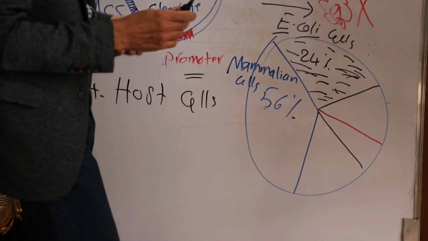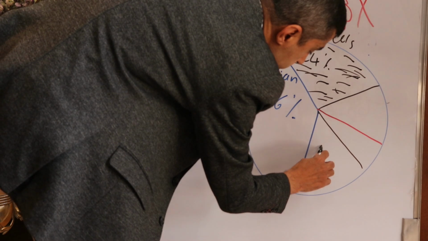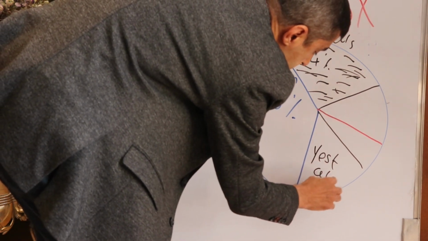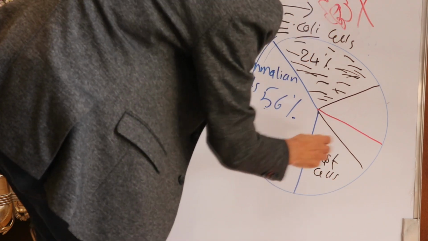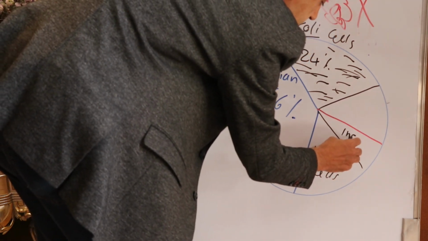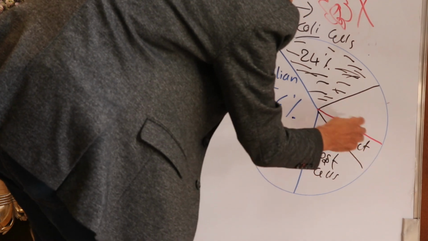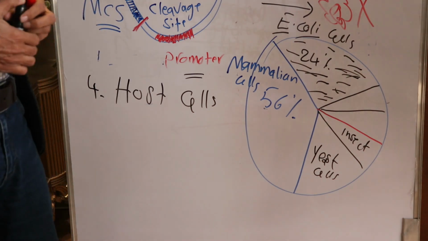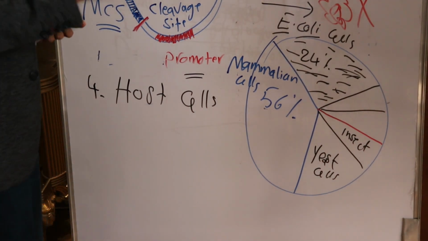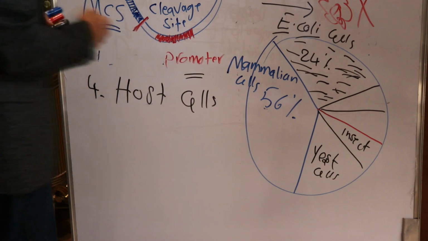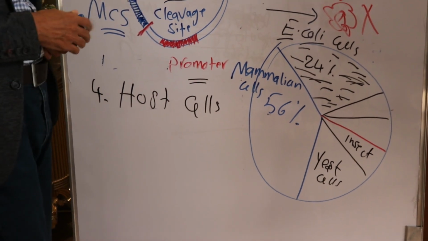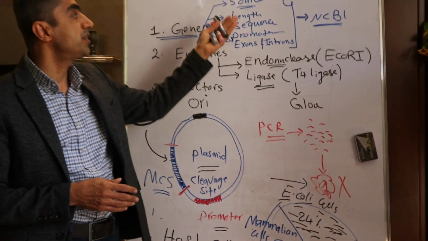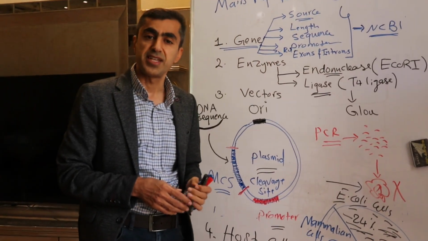So around 30% use yeast cells, other insect cells, or animal and plant cells for cloning. But the cells most used for cloning are mammalian cells or E. coli cells. These are the main requirements for the cloning process.